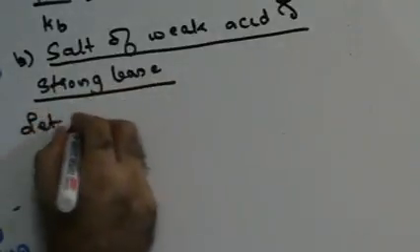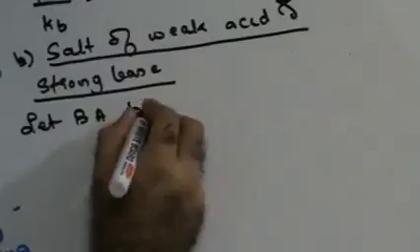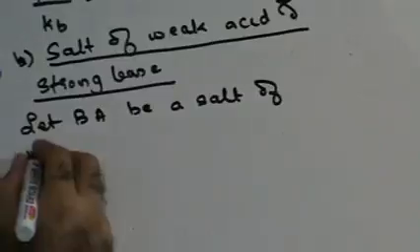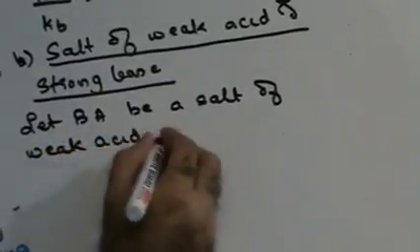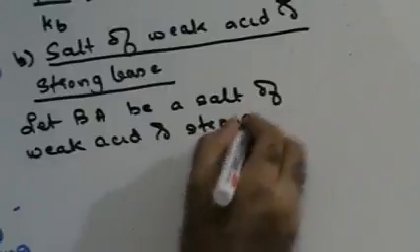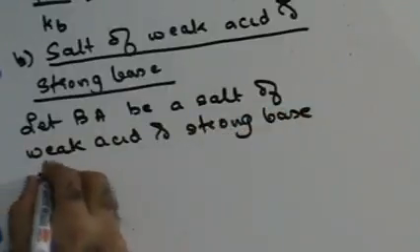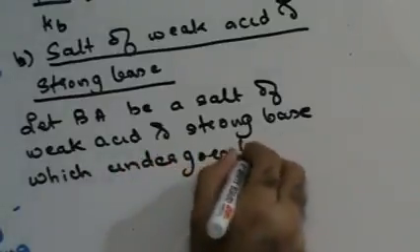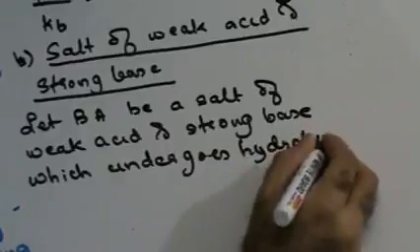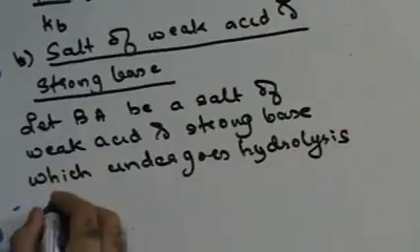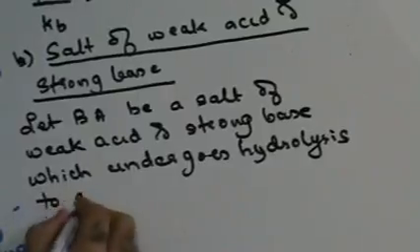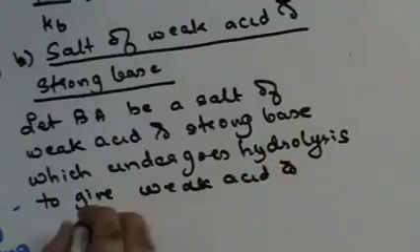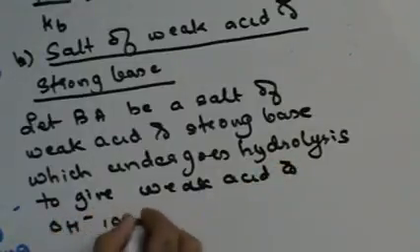You will say let BA be a salt of weak acid and strong base which undergoes hydrolysis to give weak acid and OH ions, right?